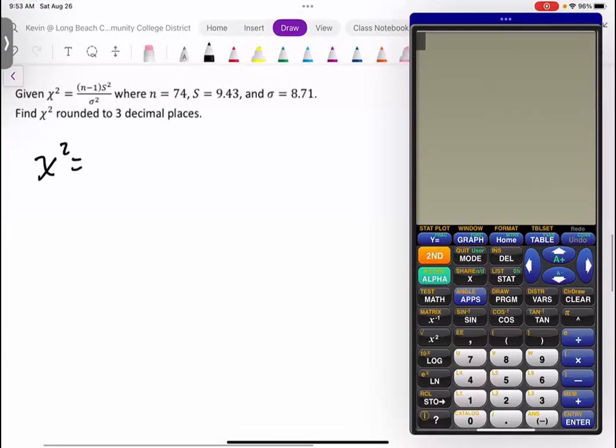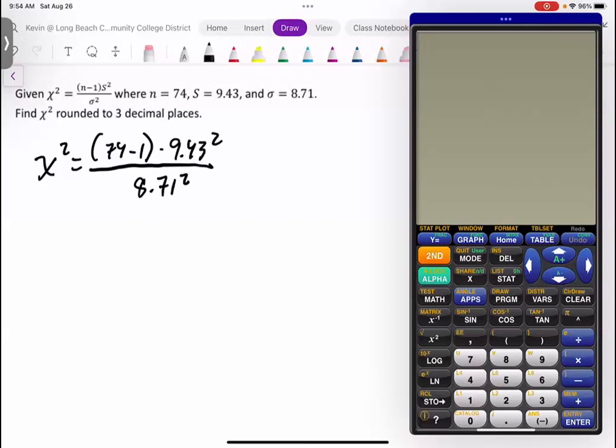Chi-squared is going to be 74 minus 1. Now, in the calculator, I'm not going to put 74 minus 1. I'm just going to put 73. I think it's a little confusing. Times 9.43 squared divided by 8.71 squared.